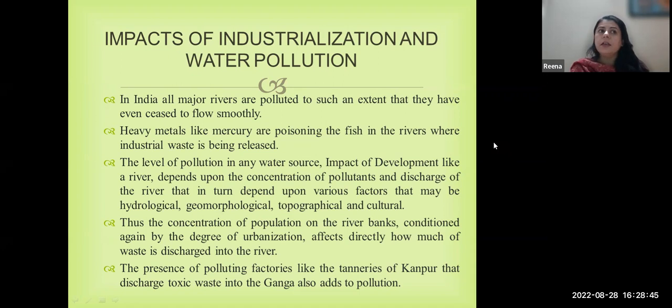For that DG set, we took all the data on how many days it was run and how much pollution it caused, and whether it is abiding by the norms of the local pollution control board of Uttar Pradesh.